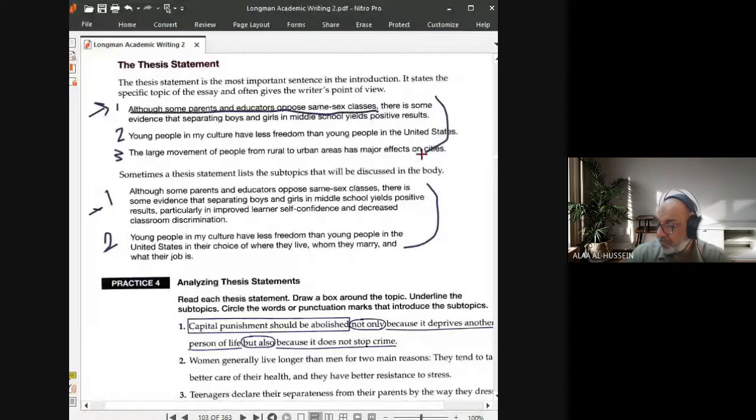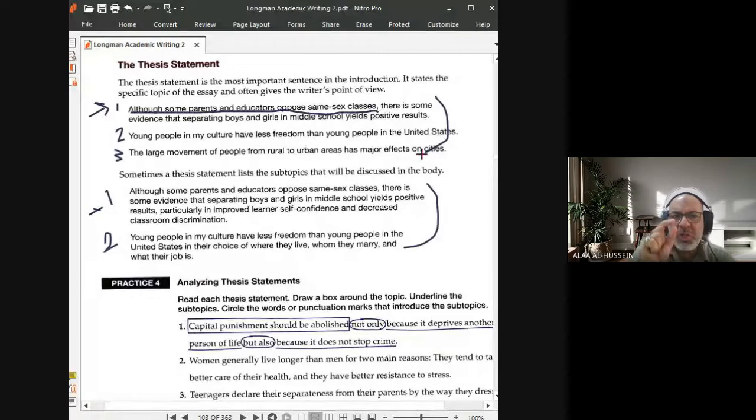A comparison and contrast. We expect a comparison and contrast. Yeah, maybe, yes. Yes, good. You have touched upon a good point here. But actually it is not a comparison and contrast. It is something different.